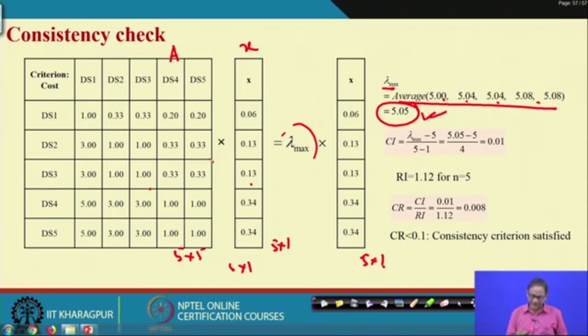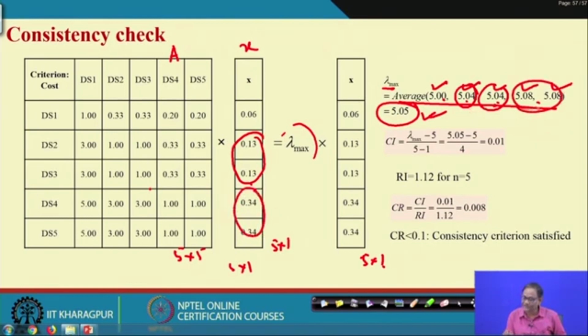From this matrix equation you obtain 5 values: the first value is 5, then 5.4, 5.04, 5.08, 5.08 like this, because these two are 0.13, that is why 5.04, 5.04, these two are the same, these two are the same.